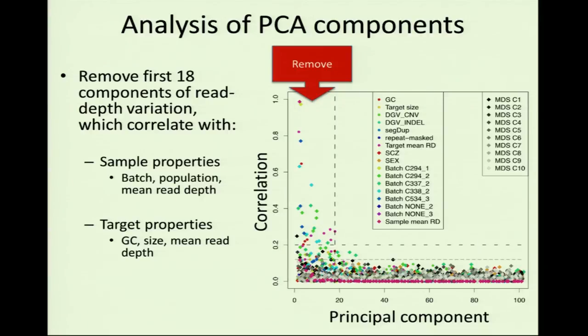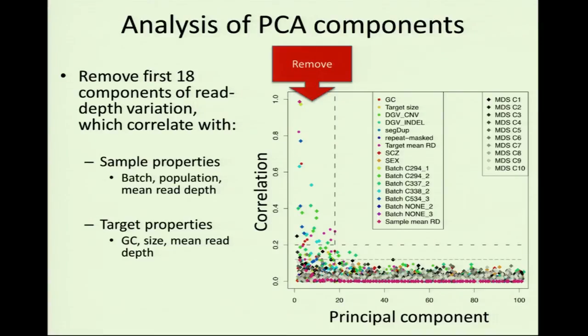And what we see, if you look on the left side of the plot, to the left of the dotted line, are the strongest principal components, because they're sorted by the variance that they contribute to the data. And what you see, the strongest correlations are actually with the sequencing batch.